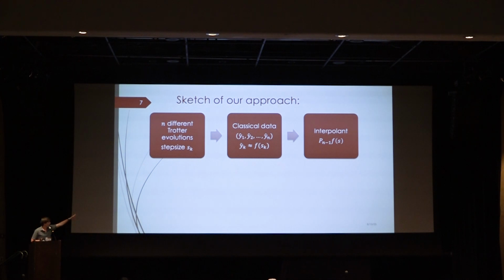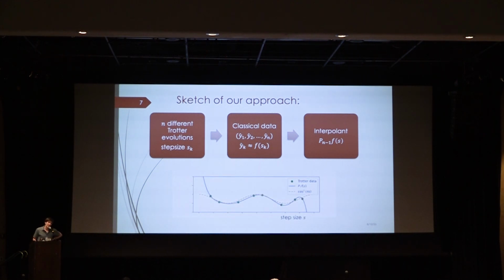And so in our conception, we'll have one real value data point for each of these evolutions. And these are approximations of some functional dependence, though not exact, because there'll be error in the estimation protocol. And then with these data points, I'll construct my interpolating polynomial. We'll call it p sub n minus 1 of f. And this is an n minus 1 degree polynomial.